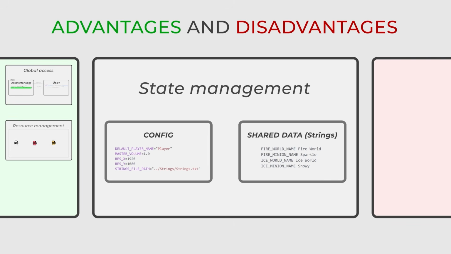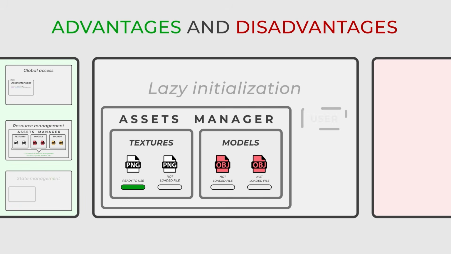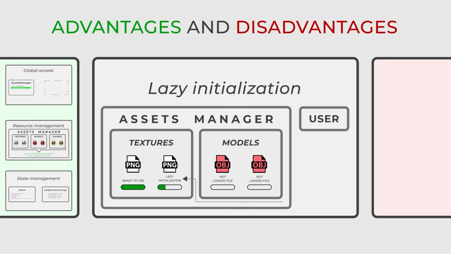Furthermore, a Singleton is capable of maintaining a unique state within an application, which is particularly useful for storing configuration settings or shared data that need to be accessed by various components. Additionally, the Singleton pattern can support lazy initialization, meaning that the resources can be loaded on demand. This improves performance by deferring the load of the resources until it is needed.